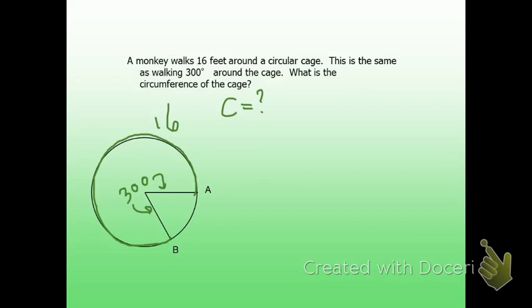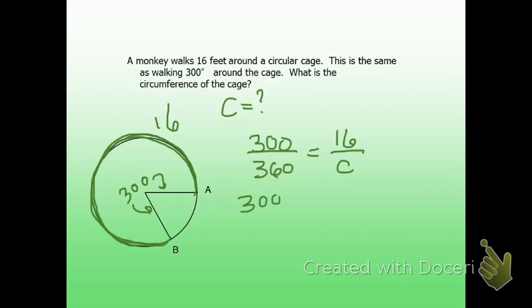Well, we're just going to use the proportion from the previous page. The central angle, 300 over 360, that ratio, which comes out to about 10/12, so this is 10/12 of the entire circle, is going to equal the arc length, which they gave us, 16, over the circumference. That was the hard part, setting that up. Now the easy part, we're just going to cross multiply until we get C alone.